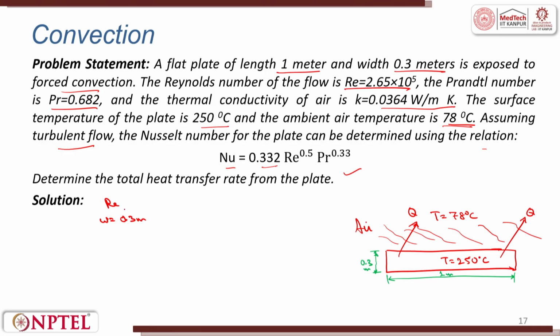We have RE, we have PR, we have K, that is 0.0364 watt per meter Kelvin, and temperature T1 and T2 are given. T1 is 250 degrees centigrade and T2 is 78 degrees centigrade. We need to find the total heat transfer rate from the plate.